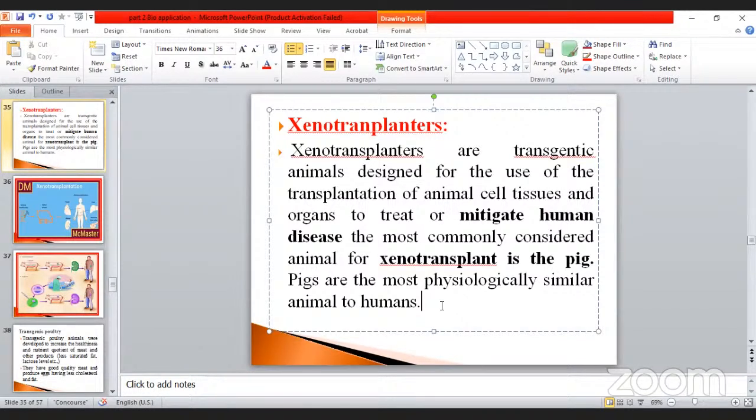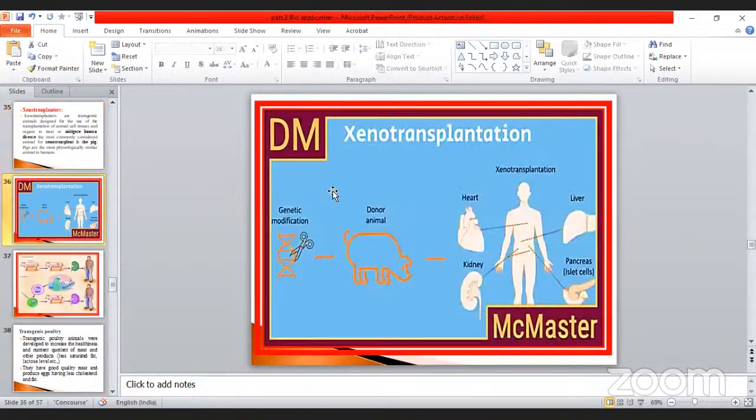Xenotransplanters, you must note it down. Pig is an important one. See the structure, it can be easily identified. Xenotransplantation is a genetically modified donor animal, whether for heart, kidney, liver, pancreas. These four organs we can easily change. Whether for an affected organ or any other defect in human beings, we can replace it.